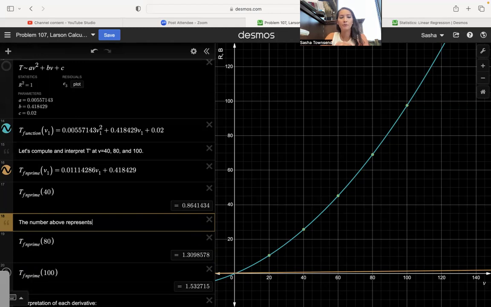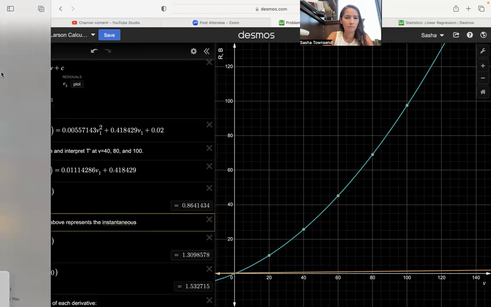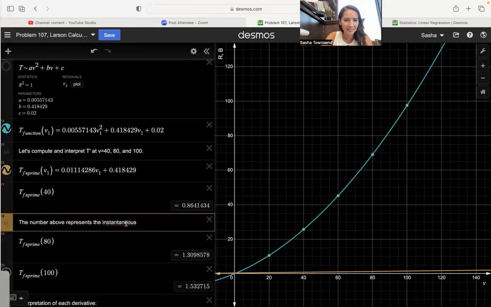So that number represents, well, we know it's the instantaneous rate of change. Did I spell that correctly?